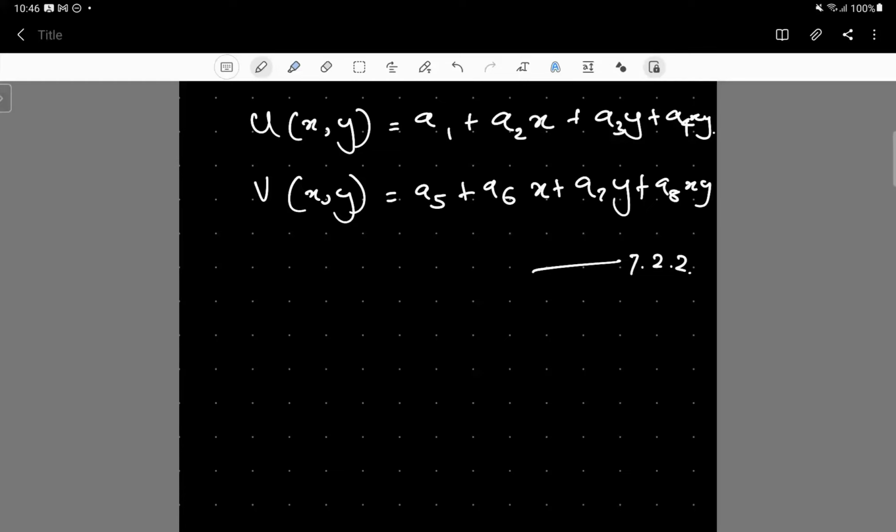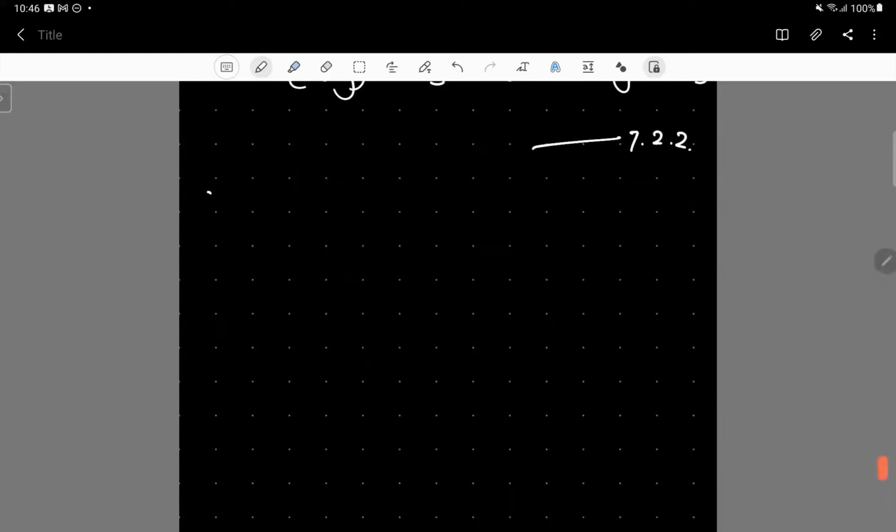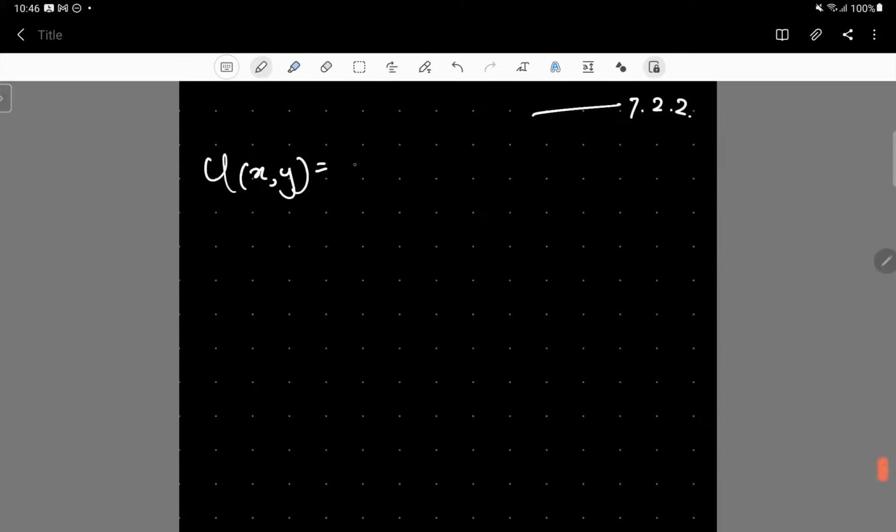And if you do it correctly, you would end up getting the following displacement functions. I will simply write it down. You can try it on your own. You have to simply evaluate u1 up to u8 and v1 to v8 by substituting the corresponding nodal coordinates.